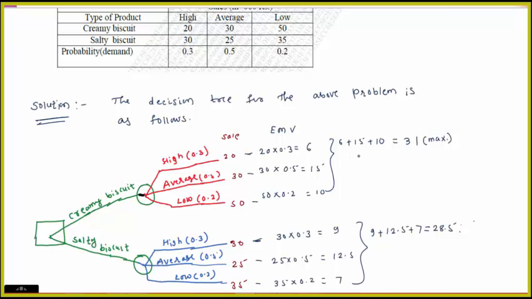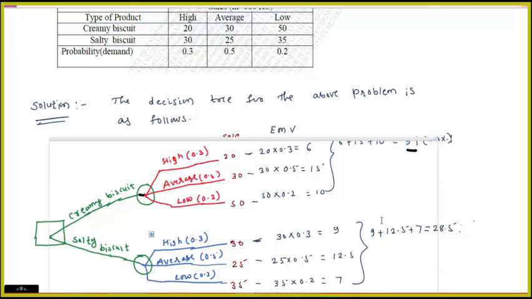Adding these three, 6 plus 15 plus 10, gives the EMV for launching a creamy biscuit. So EMV is 31.